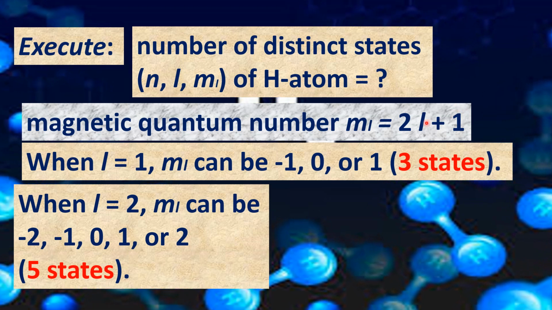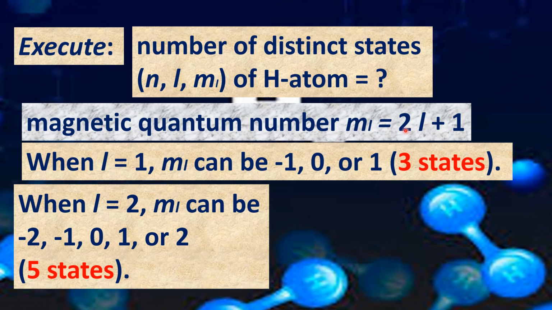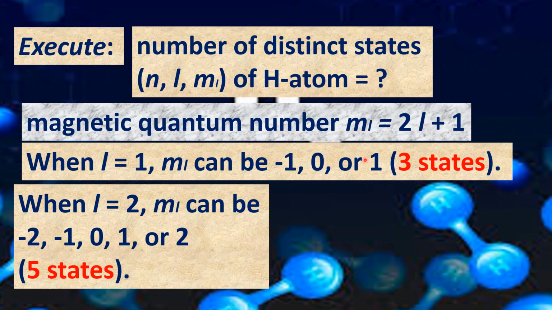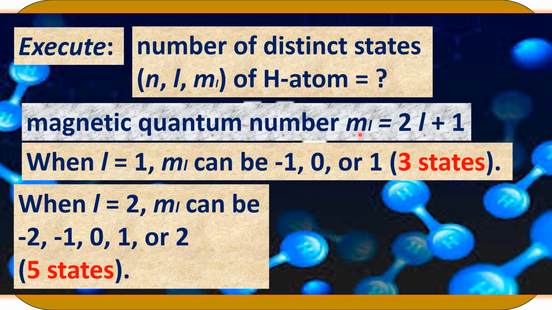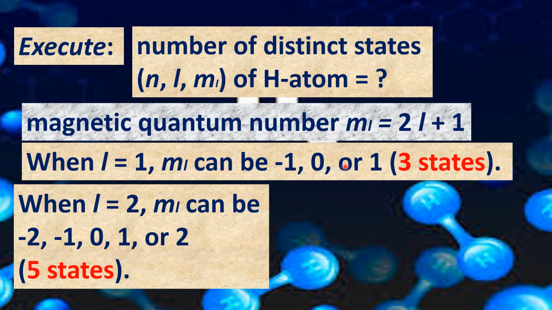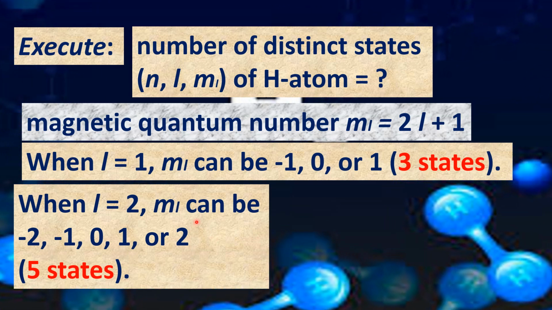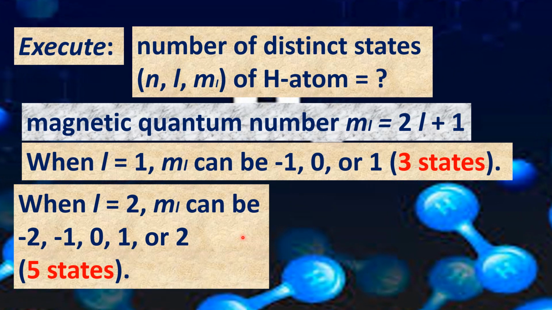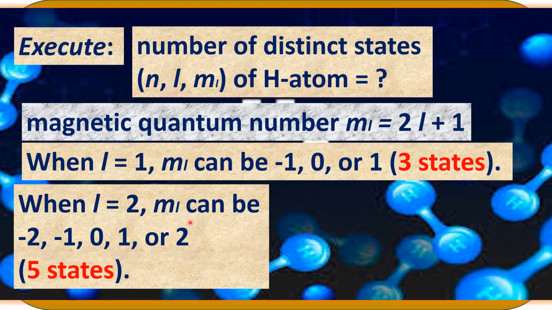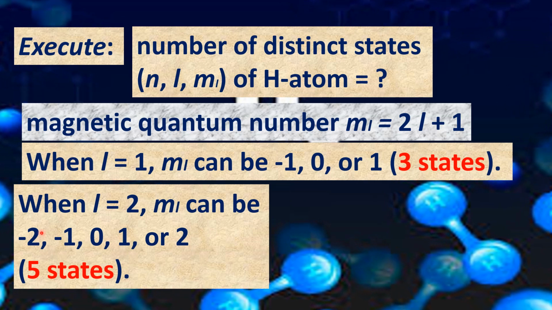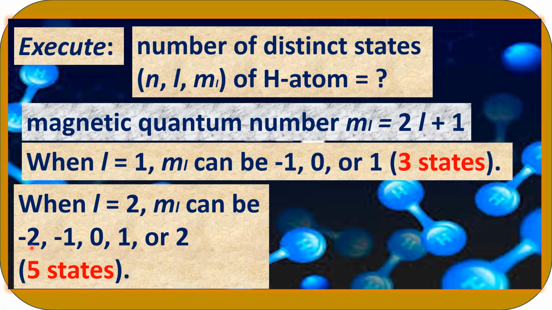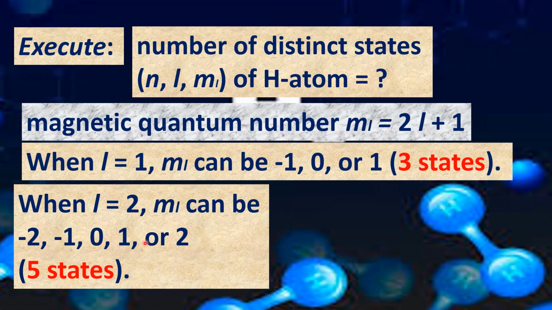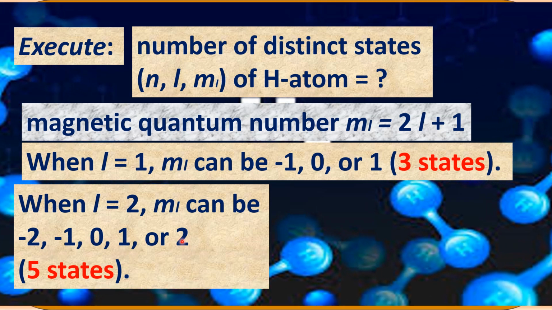With l equals 2, that means 2 times 2 plus 1, that gives us 5 electron orbitals, or the number of states equals 5. Either m sub l could be negative 2, negative 1, 0, 1, or positive 2.